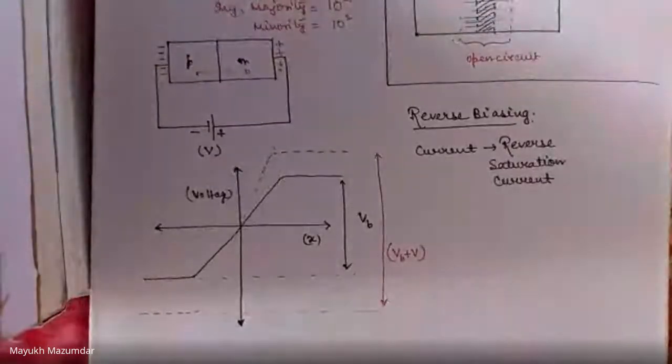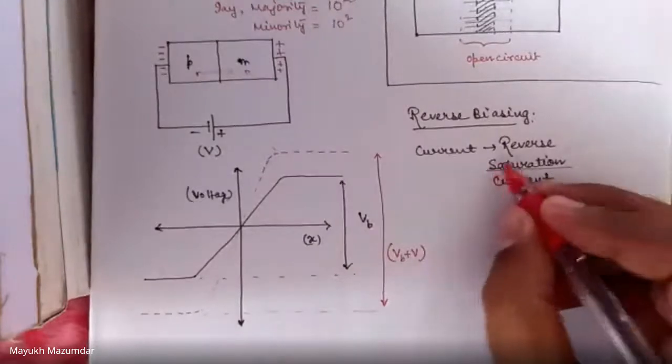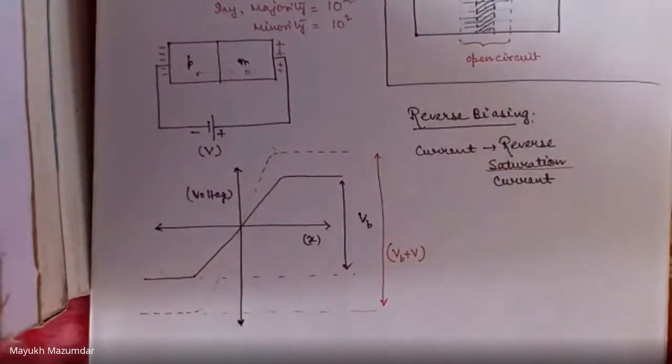The current which flows through the PN junction in reverse biasing is called reverse saturation current. Now, can someone tell me what the word saturation means? Reverse is okay, it is in reverse bias, that's why it's called reverse. Any idea why it is called saturation?